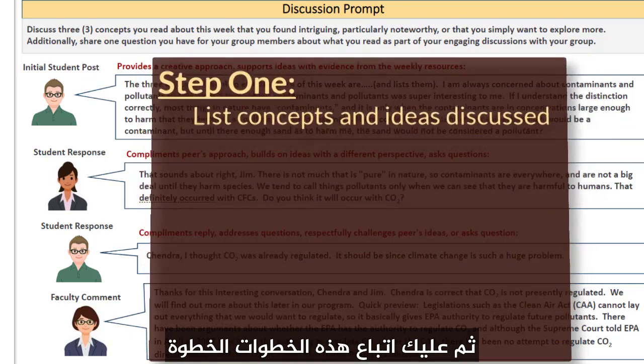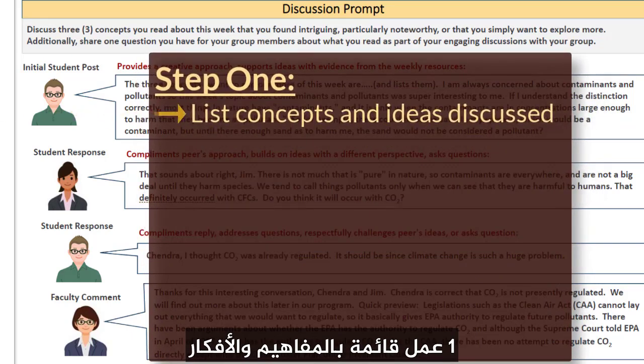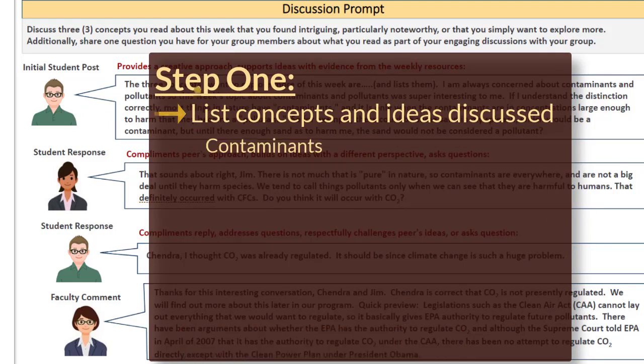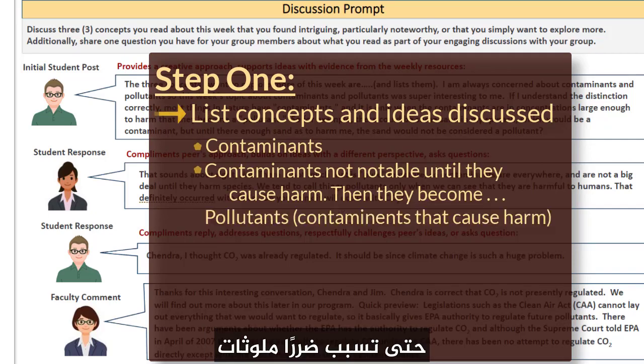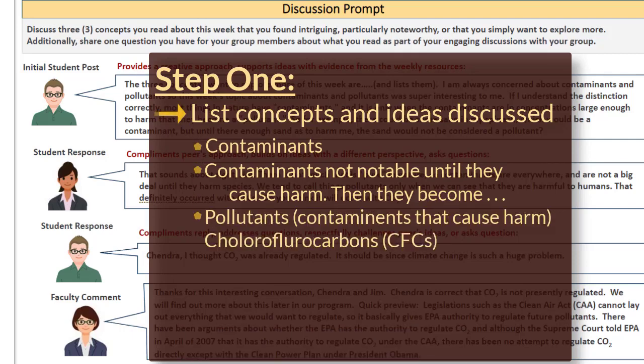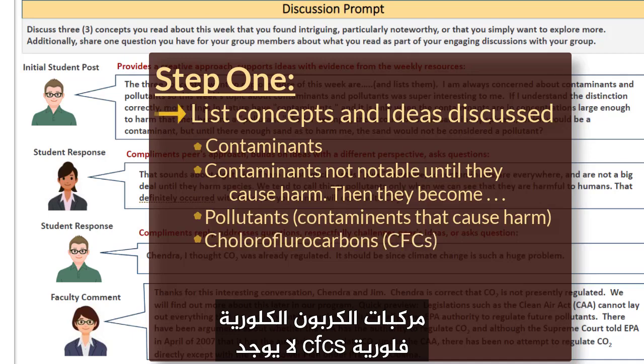Step 1. Make a list of the concepts and ideas discussed during the week. In this case, the list would contain contaminants, contaminants that are prevalent but not notable until they cause harm. Pollutants. Pollutants are contaminants that harm humans. Chlorofluorocarbons, CFCs.